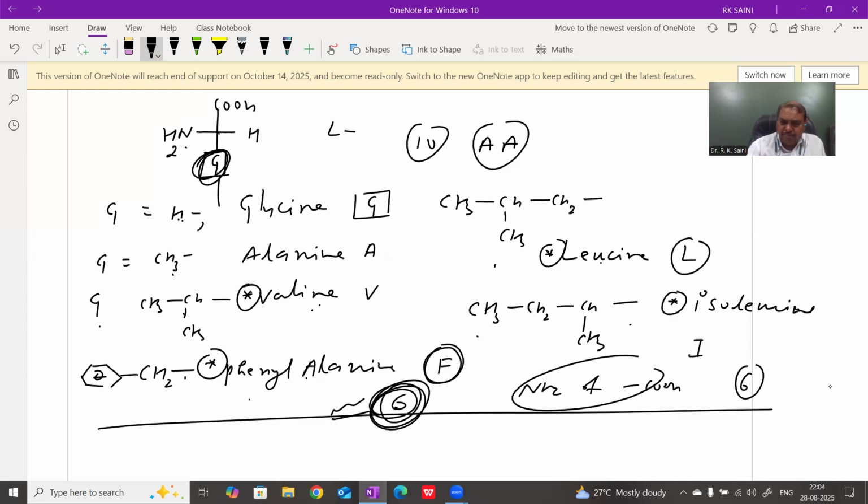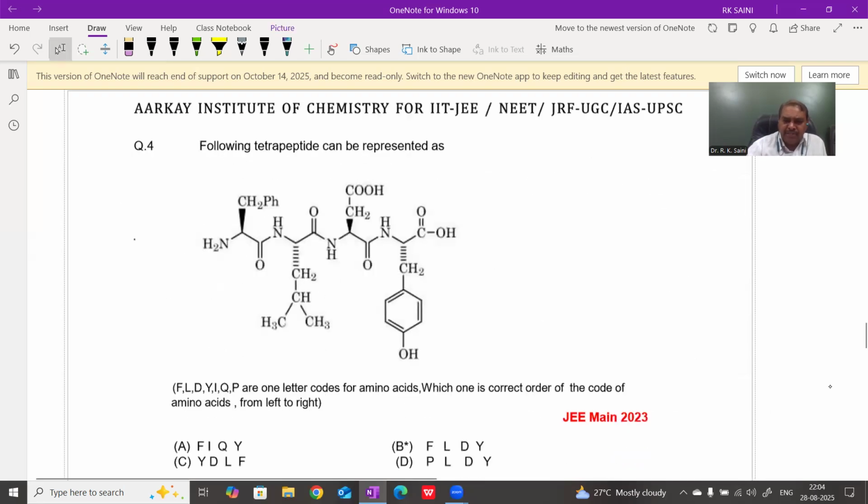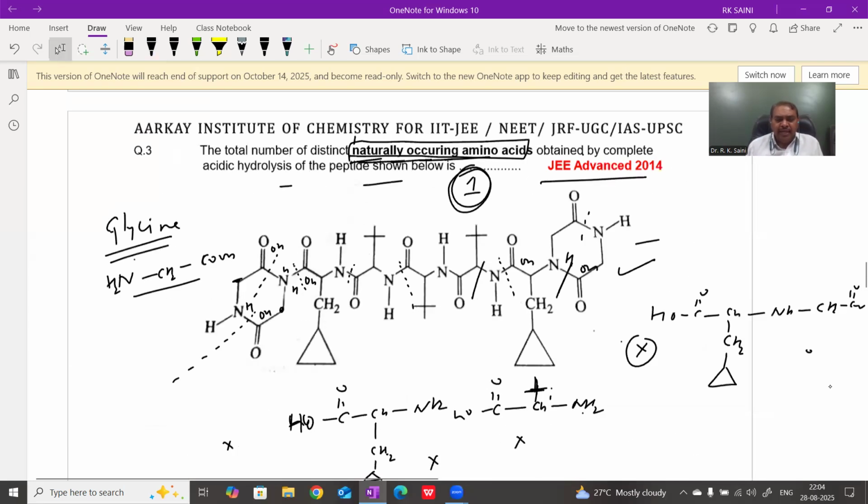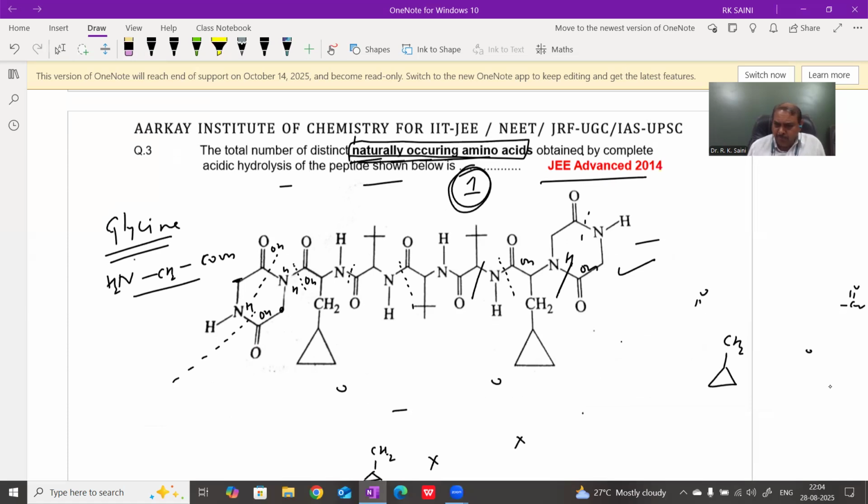Then you learn 2 acidic amino acids, namely aspartic acid and glutamic acid.